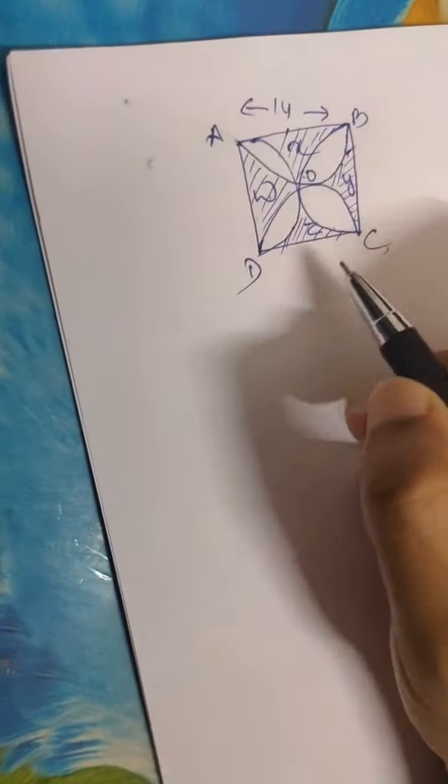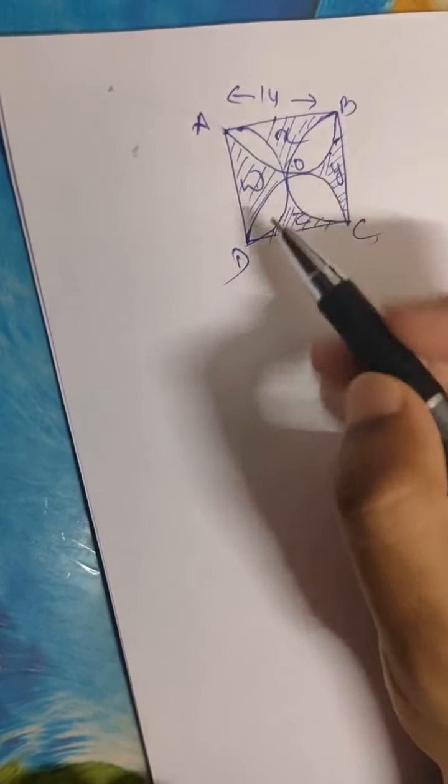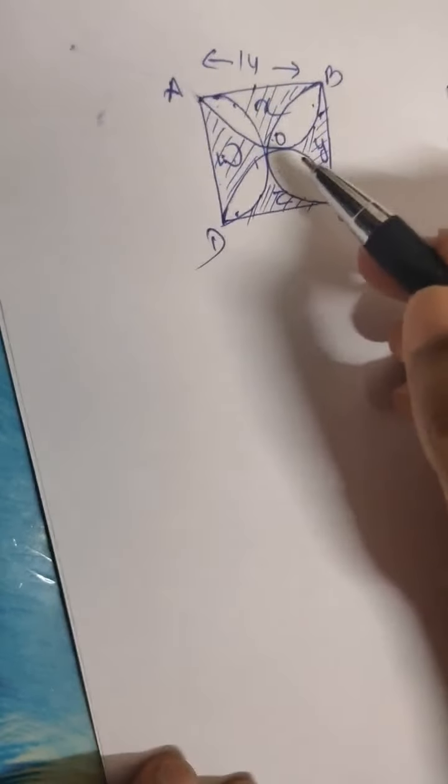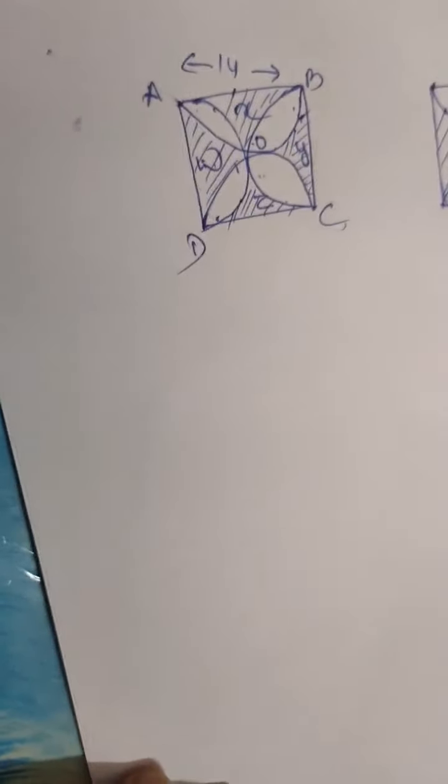Okay, let's start on pen and paper the solution for the question we explained. The four semicircles are there on each side of a square. Let's simplify this figure to solve it.